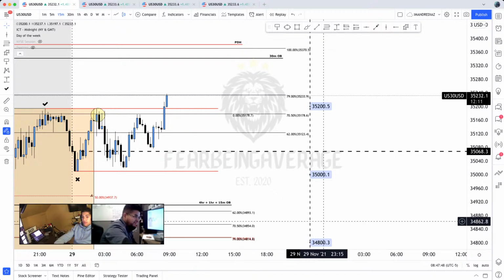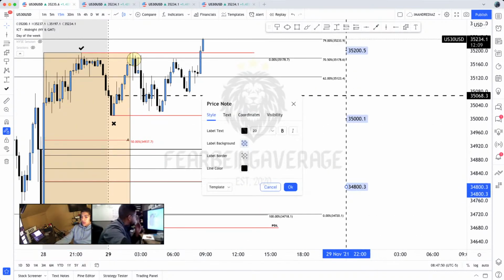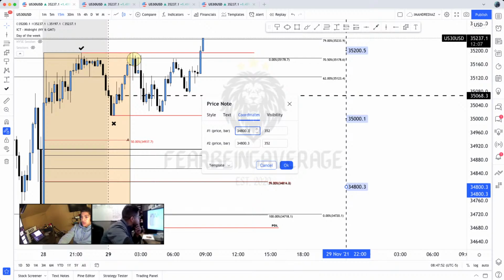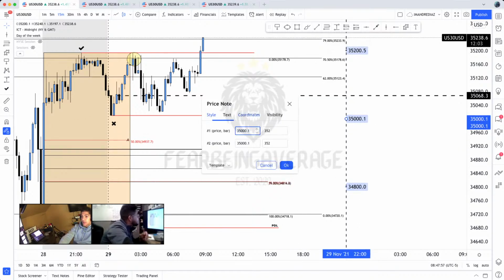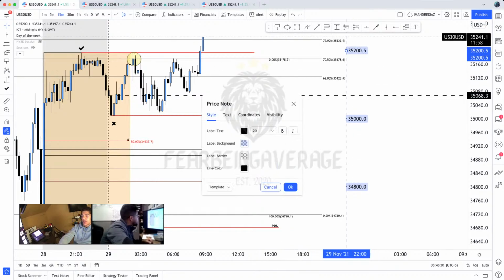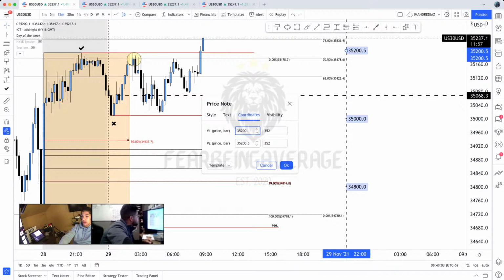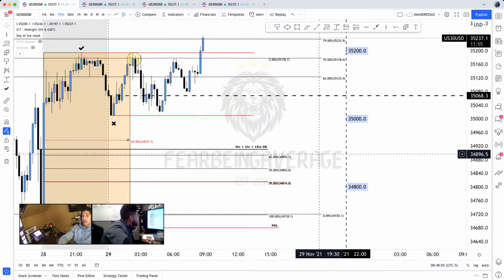Just like that. These are the main ones. Let me fix this because my OCD is starting to get to me. I don't know why this should be having the decimals. My brain just won't let me. There we go. But those are the main ones.